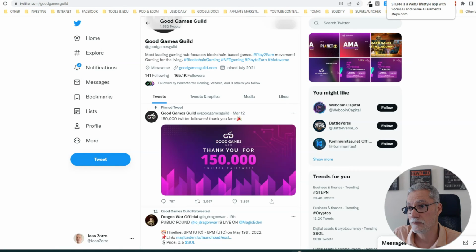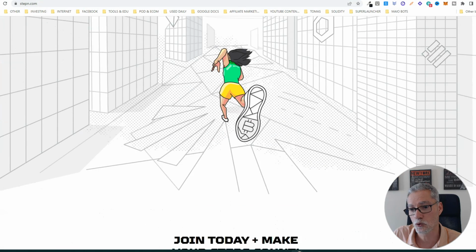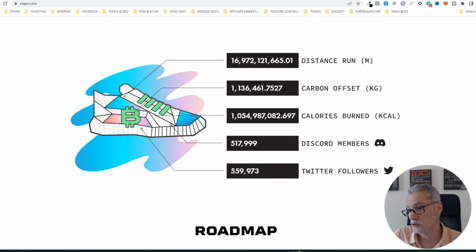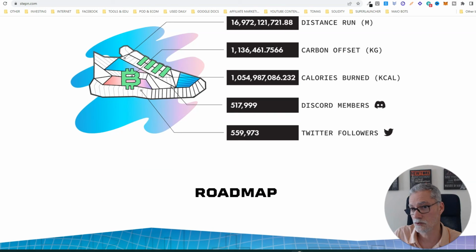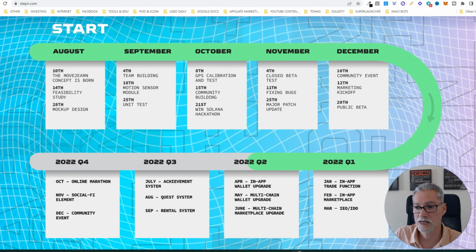As an example, I'm going to use Step N. This is actually a very cool project. This is a move to earn project. What you do is you buy a sneaker, which is an NFT, and then you walk, jog, or run every single day and get rewards. As you can see here, this is the Step N roadmap.